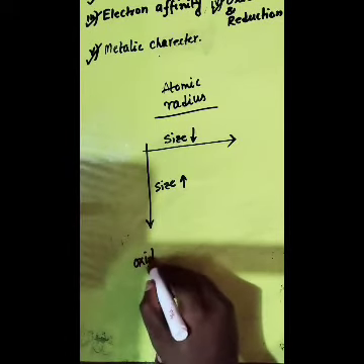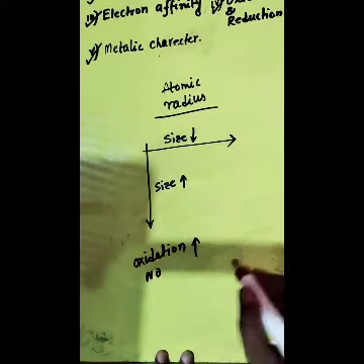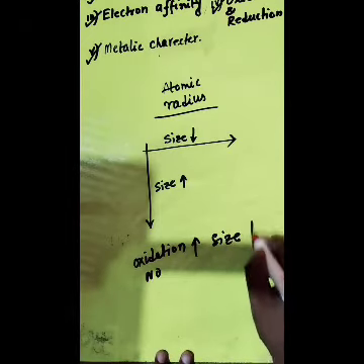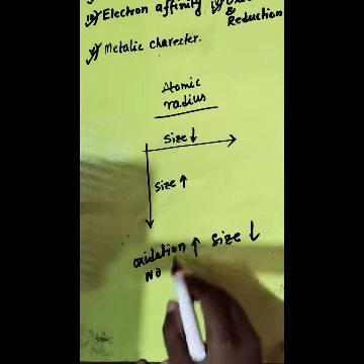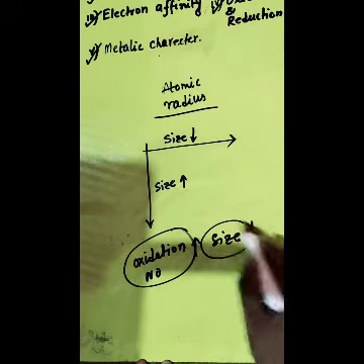Sometimes the size of the element depends on the oxidation number. If the oxidation number increases, then the size of the element decreases. So we can say oxidation number is inversely proportional to the size.